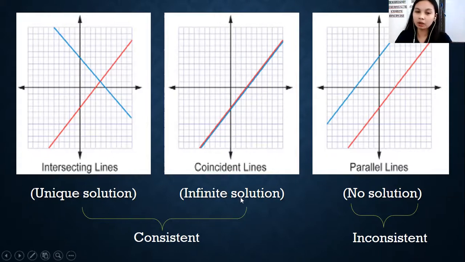When we have coincident lines, they overlap, which means we have infinite solutions: many possible pairs of coordinates for that given system. When we have parallel lines, automatically we have no solution for that given equation.